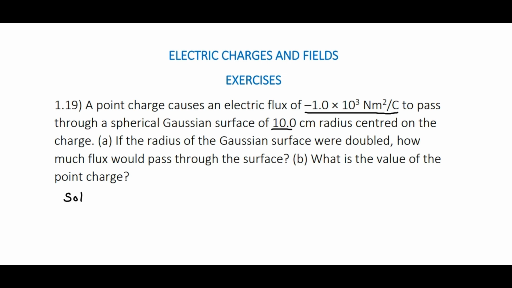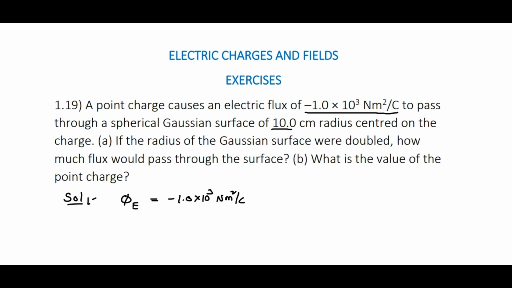Here the data given is electric flux. The electric flux is equal to minus 1.0 into 10 power 3 Newton meter square per coulomb. Here the flux given is negative. That means the flux is entering into the sphere.